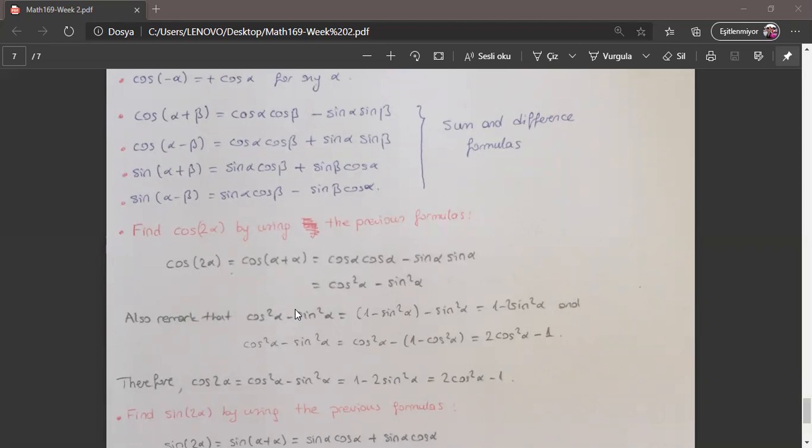Or again, we can write this one in another form because you know cosinus squared plus sinus squared equals 1.